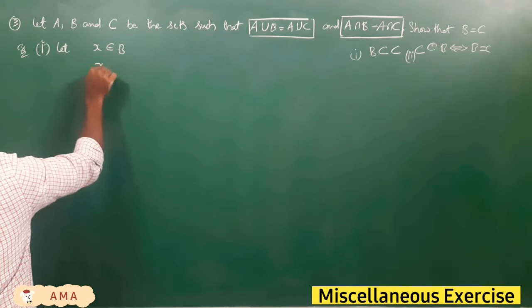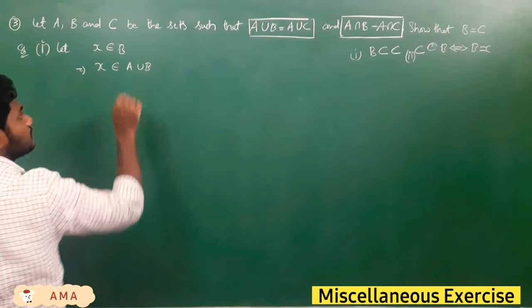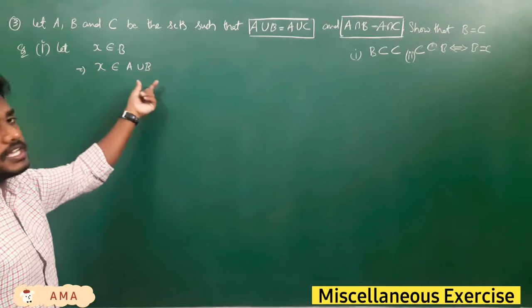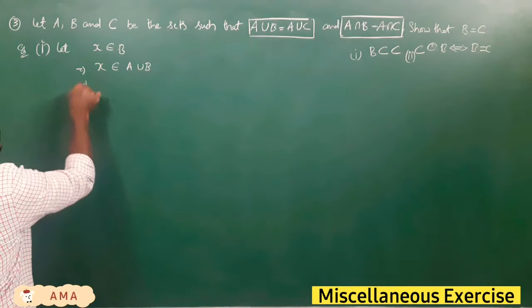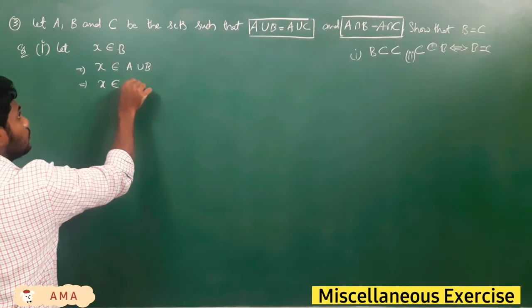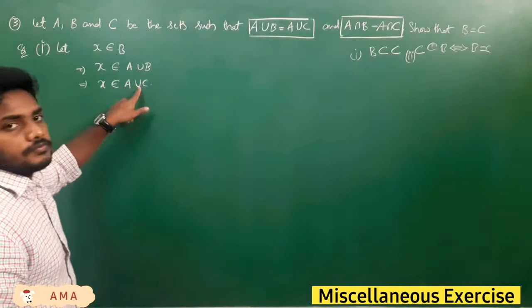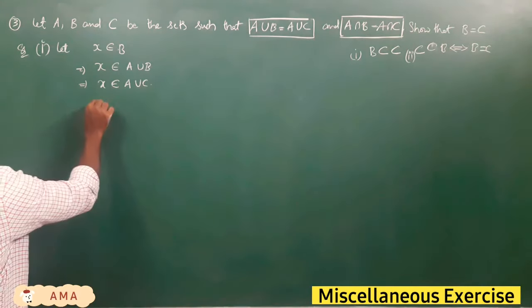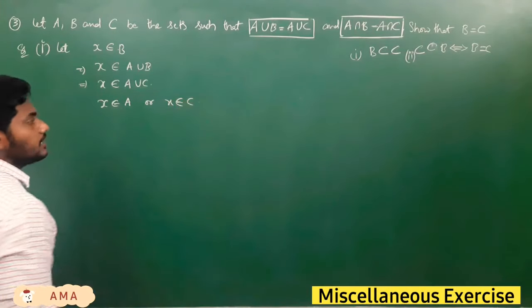If x belongs to B, imagine x also belongs to A union B, right or not? If x is an element present in B, it is also present in A union B, where all B elements will be there. If x belongs to A union B, x belongs to A union C, check, where A union B equal to A union C. Now here A union C means what? x belongs to A or x belongs to C, right or not?